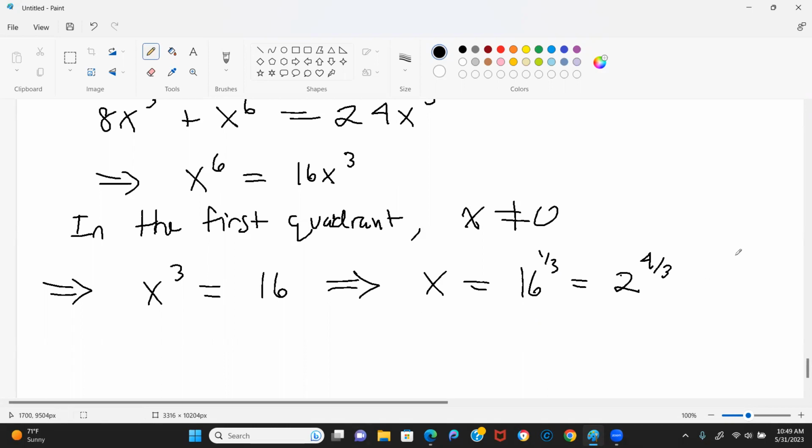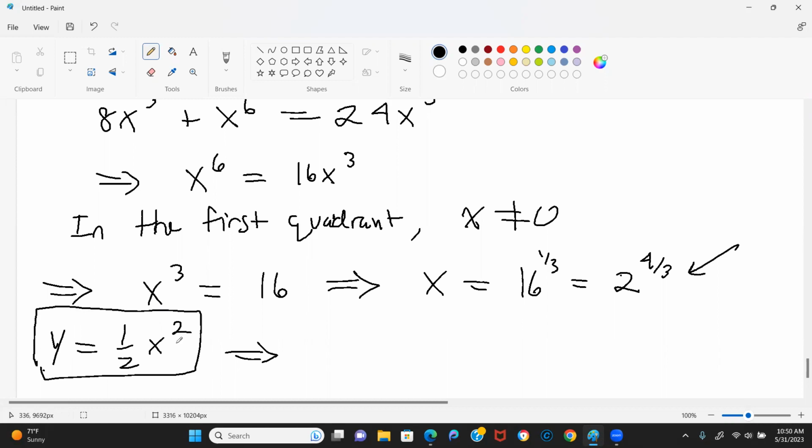So this is x. We actually found a single x, and remember y is equal to 1/2 x squared. All the points where you have a horizontal tangent are of this form, so if you know what x is, you can figure out what y is. So y is going to be 1/2 of 2 to the 4 thirds, squared. I guess that's why you want to put it as 2 to some power, because you're going to divide by 2.